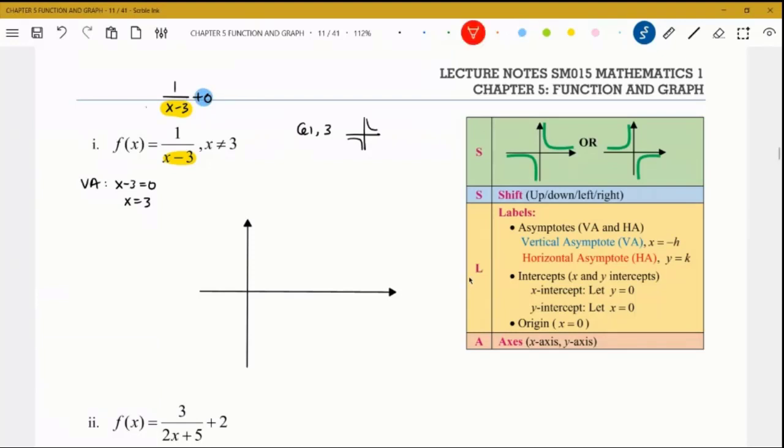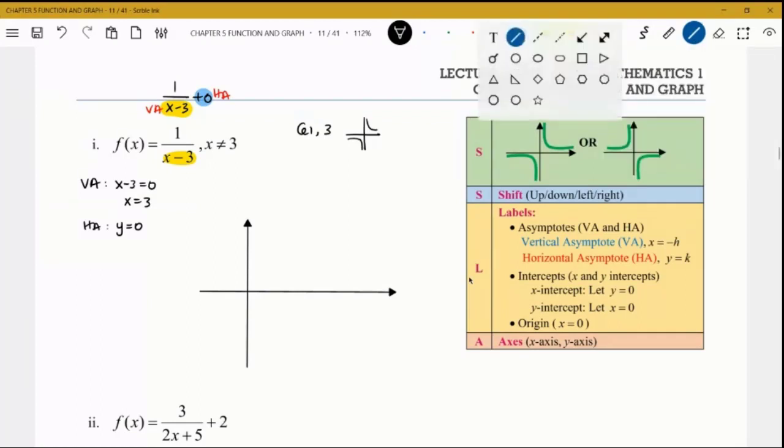So ini adalah VA, ini adalah HA. So HA kita adalah pada y equal to 0. Reciprocal mesti ada dua-dua, horizontal dan juga vertical asymptote. Okay, so we have x equal to 3, y equal to 0. So I put the vertical asymptote and horizontal asymptote dulu.